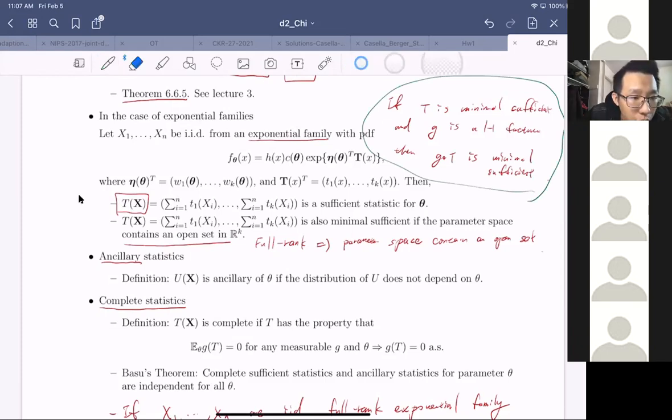What has to be full rank? Do you mean this one? What is the full rank? What does that mean, full rank? Okay.